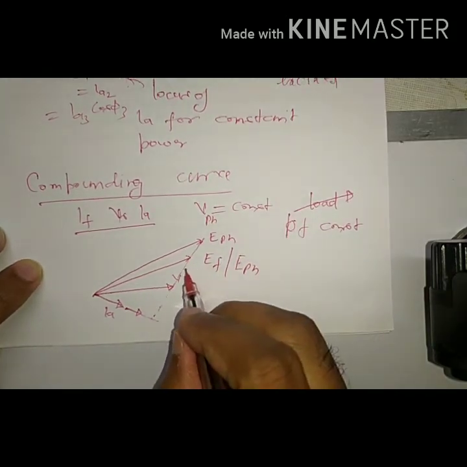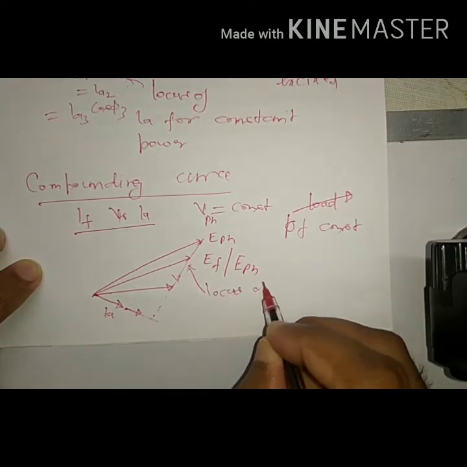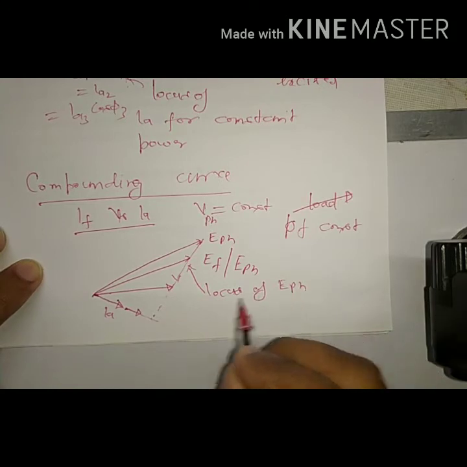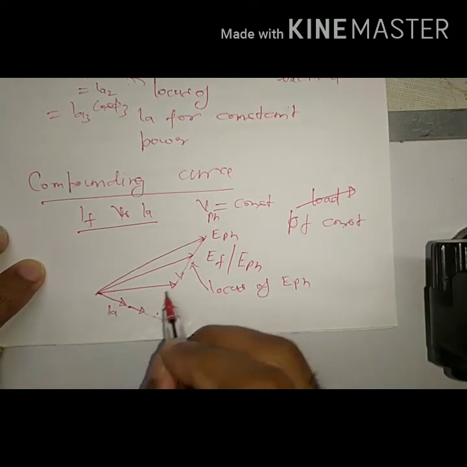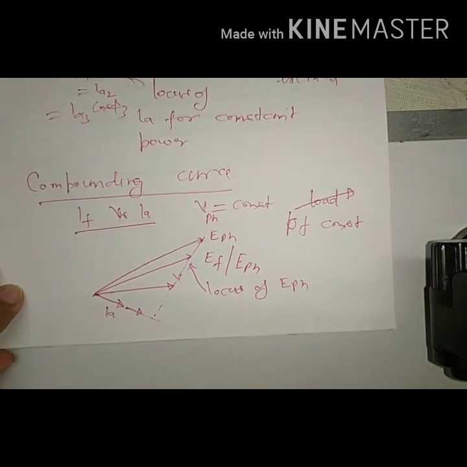So this is the locus of EPH, and as load increases we need to increase excitation. This is the case of lagging power factor.